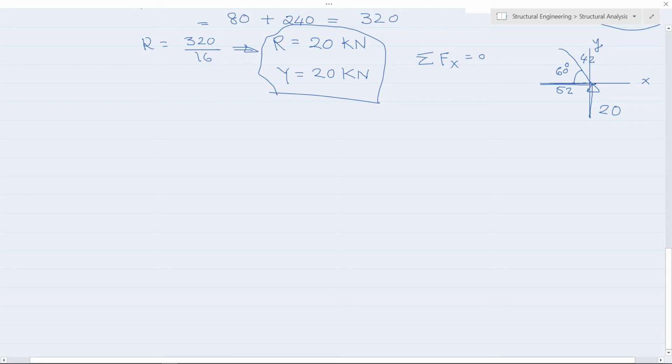Say the force in this is acting in this direction, the force here is acting in this direction. So sigma Fx equals 0 means negative force in 52, negative force in 42 with cos component should be equal to 0.